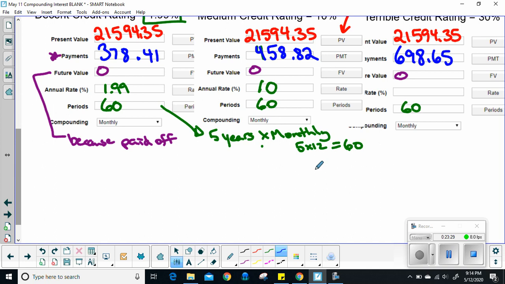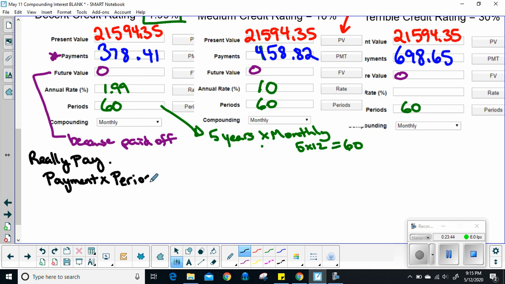So how much are you really paying? How much is coming out of your pocket? Well, you have to take your payments times the periods, which is how many payments you have to make. So with an awesome credit rating, you're paying $378.41 every month for 60 months. 378.41 times 60 equals $22,704.60.